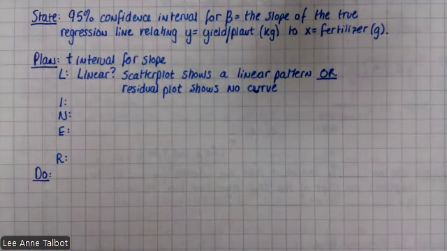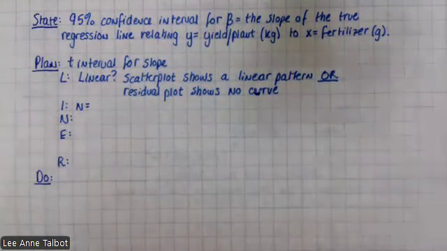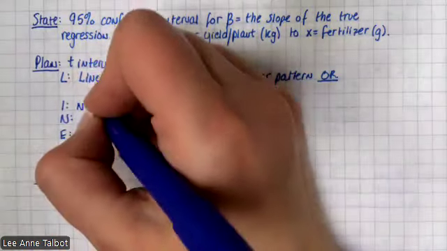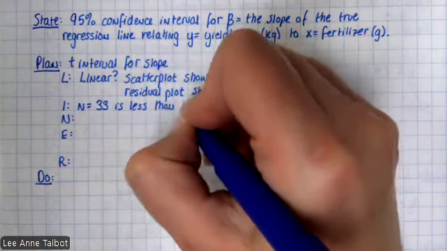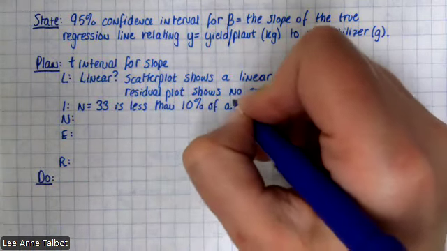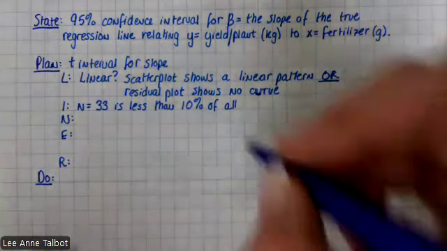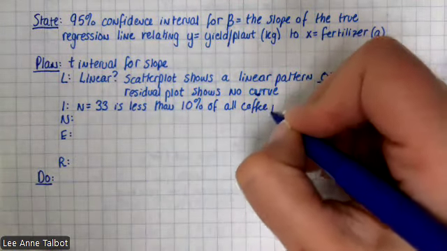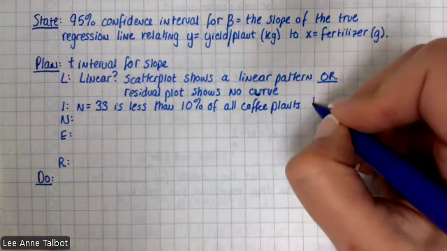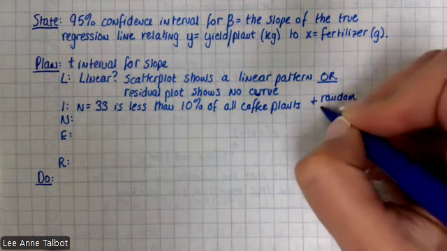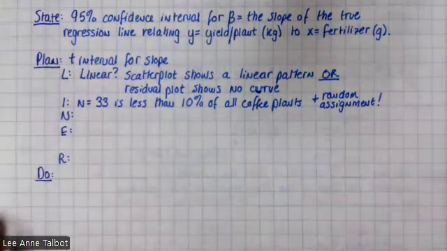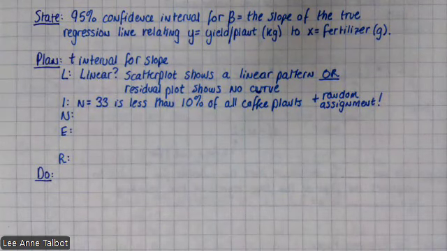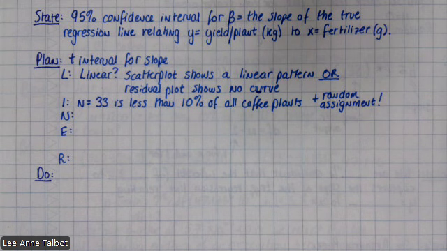Yeah, okay. Independent, n equals, what, 33? I just threw on that little bonus.